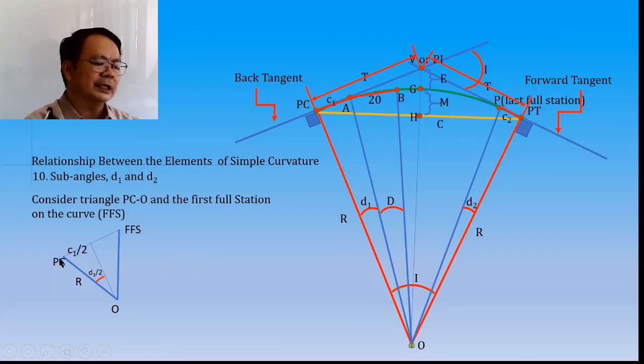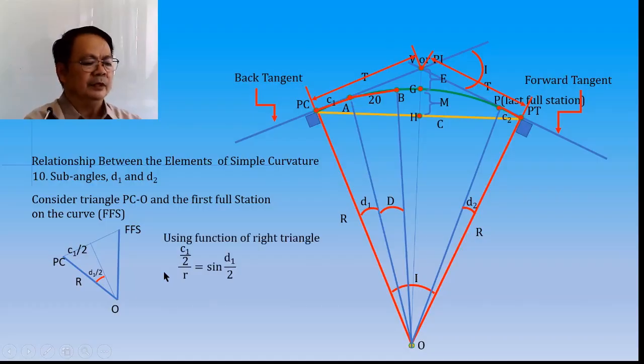Okay. So, nakita natin that this is actually a right triangle where we can establish the relationship between C1 over 2, R, and this angle, D sub 1 over 2. Opposite over the hypotenuse of this angle, and that is equal to, okay, C1 over 2 over R is equal to sine of D1 over 2. And so, simplifying natin yan, D1 over 2 is equal to arc sine of C1 over 2R.